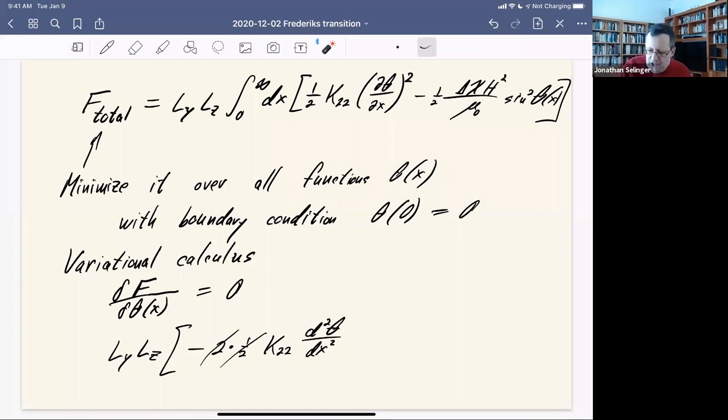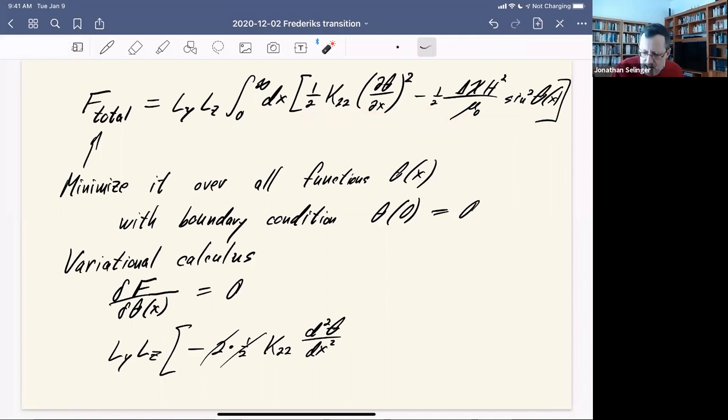So this is the term that comes from differentiating the first piece. Then we need to differentiate the second piece. That's not a derivative term, so we can differentiate it in the regular way.